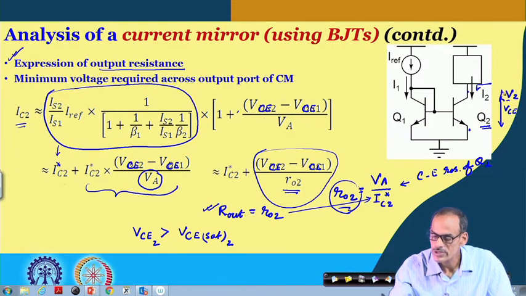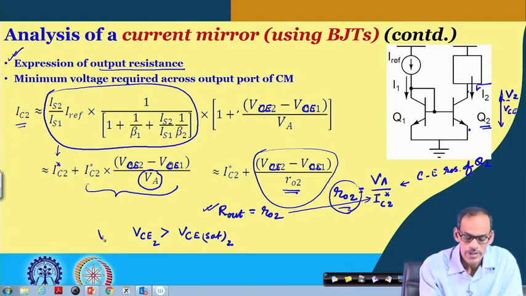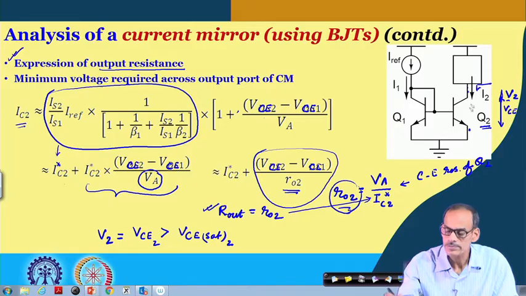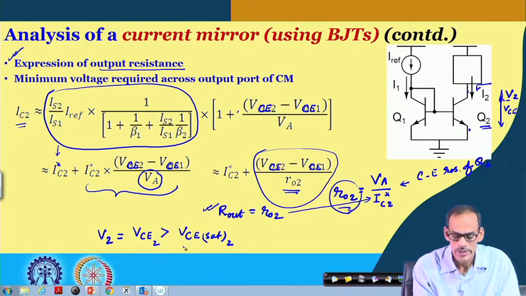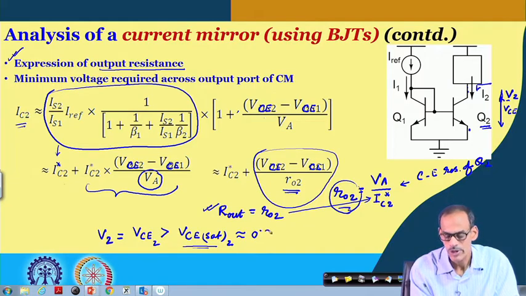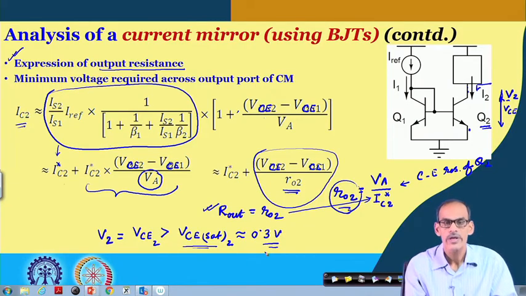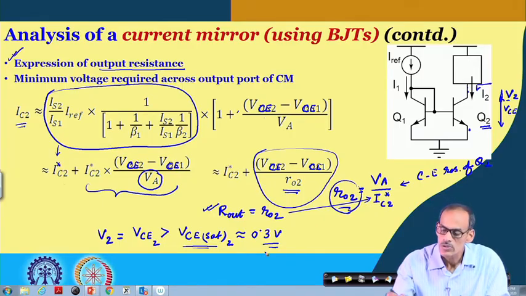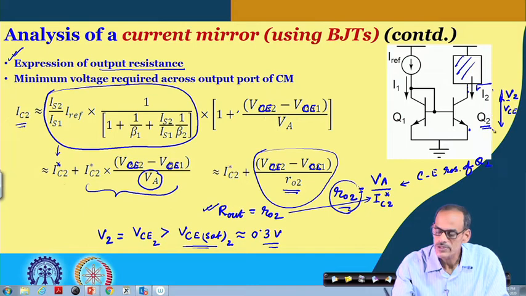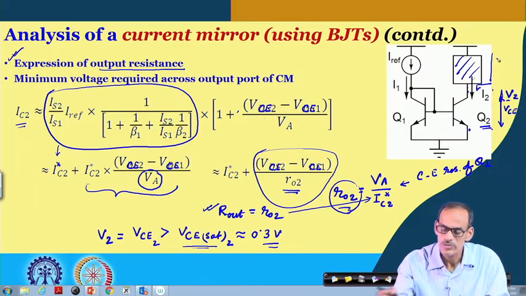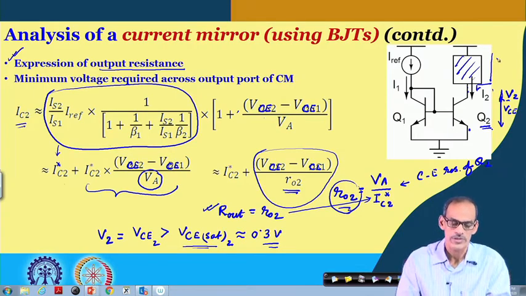So, the voltage across this current mirror should be at least this VCE set. Typically, its value is 0.3 volt, so that may not be a difficult one. So, after deducting this minimum VCE set, the application circuit will have a very good possible range for its own operation. So, that way you can say that this circuit is good.